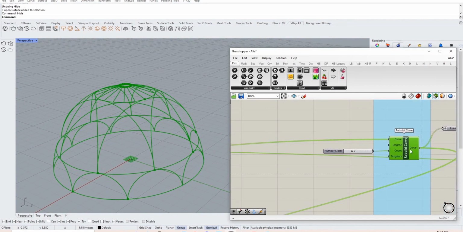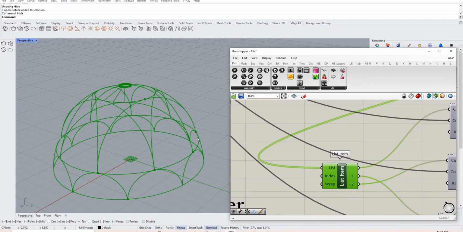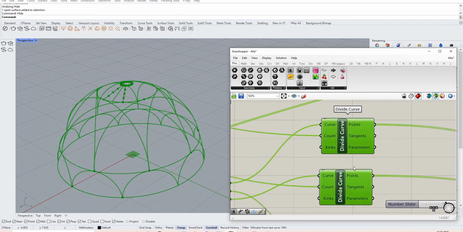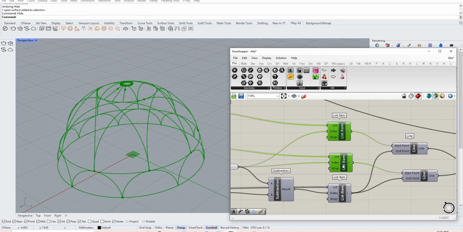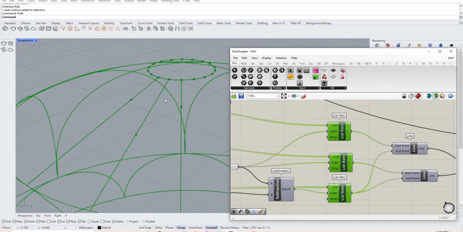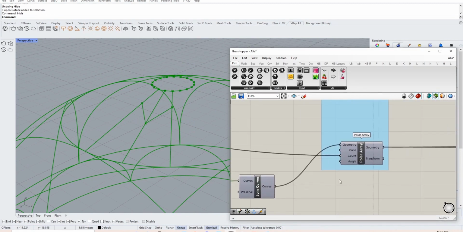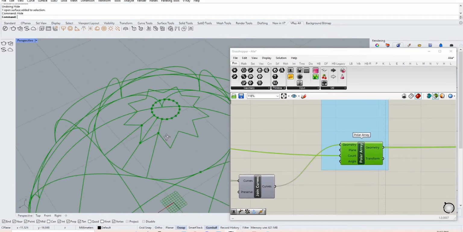And then going ahead and choosing only 3 lines at the top and dividing them, and then choosing these 3 points so that we would be able to create this arrowhead shape that would be later on polar arrayed to create this sort of a star.